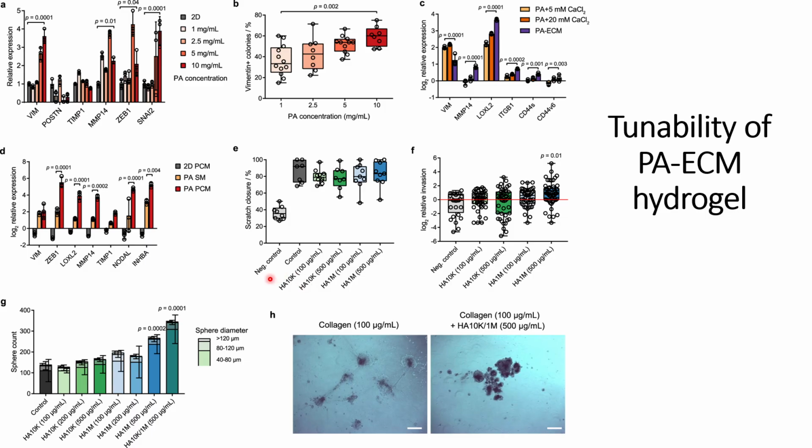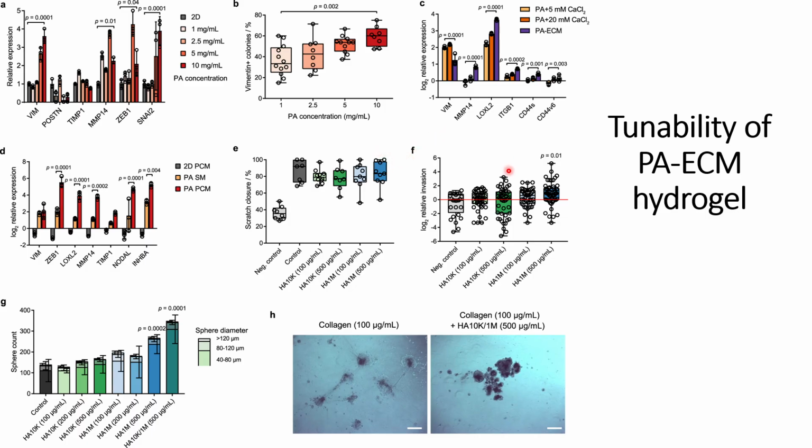What they found is that the closure of the scratch assay is not affected much when they use different concentrations of HA. That can be seen here, indicating that HA itself does not have much impact on pancreatic cancer cell migration, as shown by the scratch closure. And these results are for the 2D monoculture.